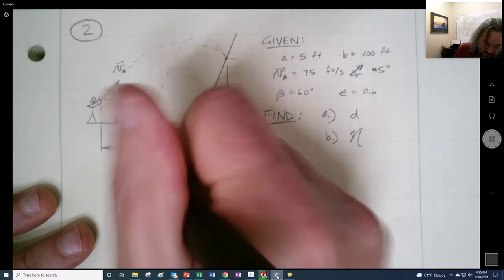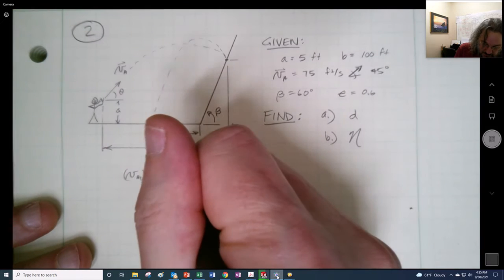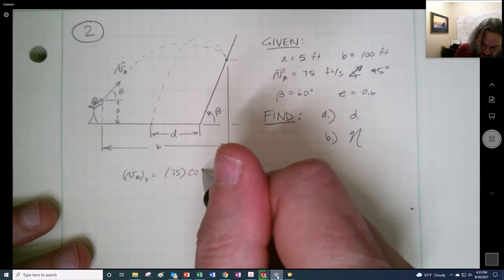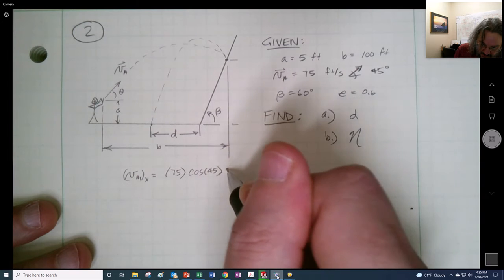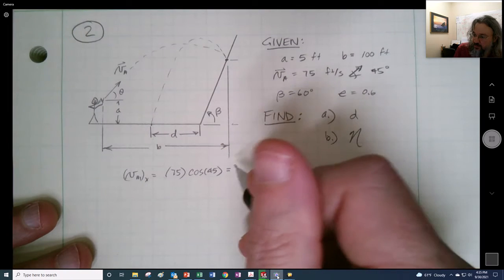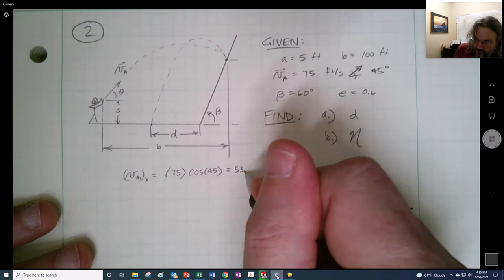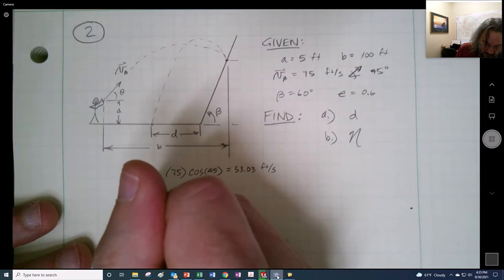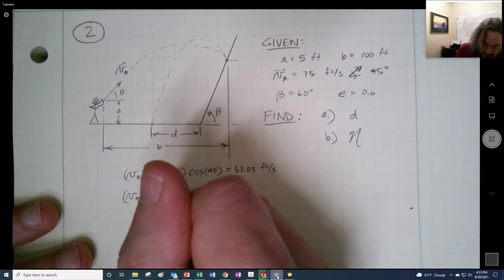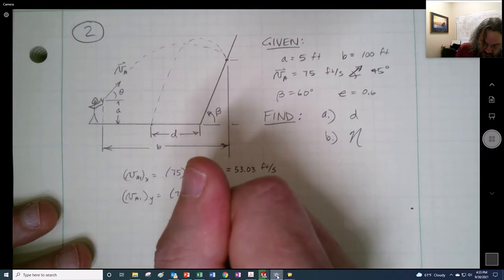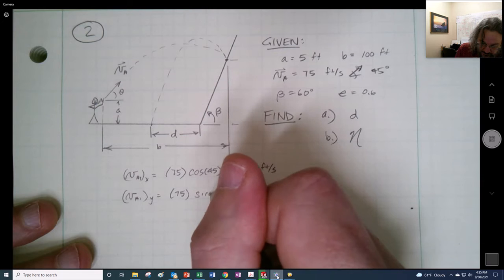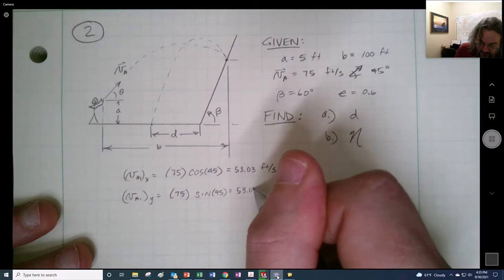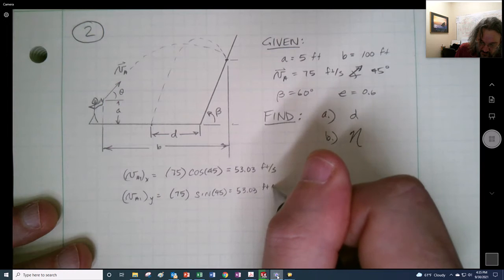I won't write symbols, just write down the numbers. 75 times the cosine of 45, as if it matters, right? We're going to get the same thing regardless. So that's 53.03 feet per second. And VA1Y, it's going to be the same thing because it's 45 degrees. 53.03 feet per second. Okay.